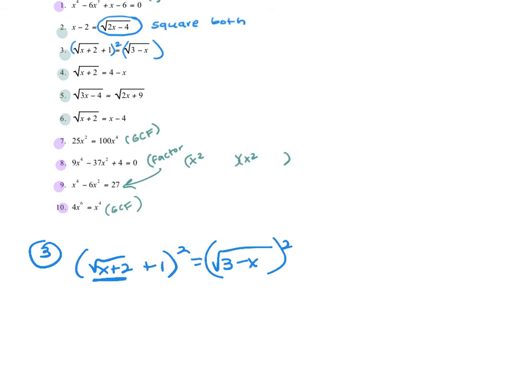Remember, we square the first term, which would be x plus 2. We square the last term, which would be positive 1. We double the product. So 2 times 1 times square root x plus 2 would be 2 square root x plus 2. And on the right side, it's gone. Then we got to get everything to one side again, and then we square it again. So those were the fun ones, okay? That's like number 3. I think that's probably the worst one.